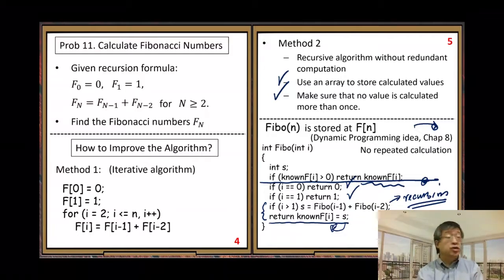We just look up the value from the dictionary. Here, this known F array, we treat it as a dictionary. When we need to use a value in the array, we look up in the dictionary first. If we can find it, we use it. If we cannot find it, if it is 0, then we do the recurrence relation calculation.